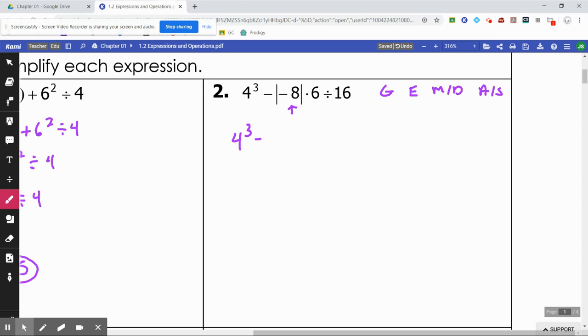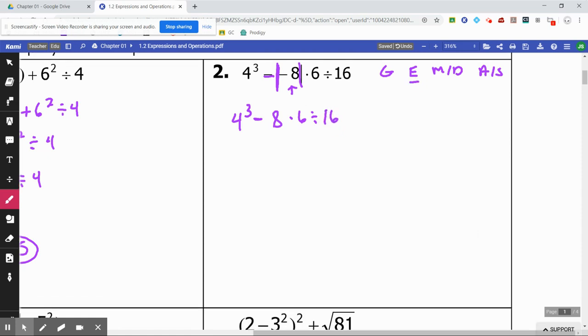If there are any operations in there, though, if there's addition and subtraction, always do that before you make it positive or negative. So since you have absolute value bars around a -8, simply remove them and make it an 8. This minus sign is here, so don't be confused by that. This is a positive 8 with a negative or a minus symbol in front of it. So bring down times 6 divided by 16.